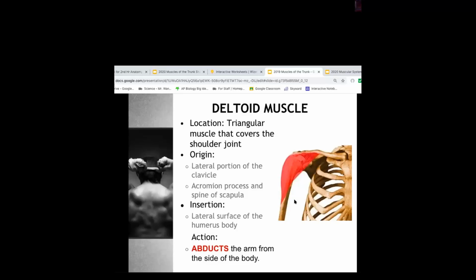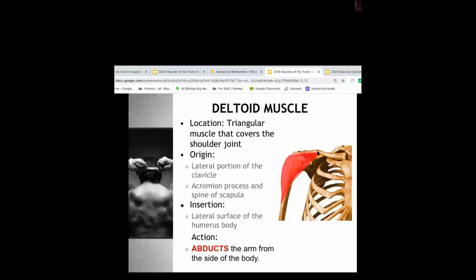Okay, so the first one we're gonna do is deltoid. So this is named according to L. No, it's not. This is named according to S for shape, because it's the Greek letter delta, which is a triangle, okay? So it covers your shoulder joint. The origin, notice the clavicle here.